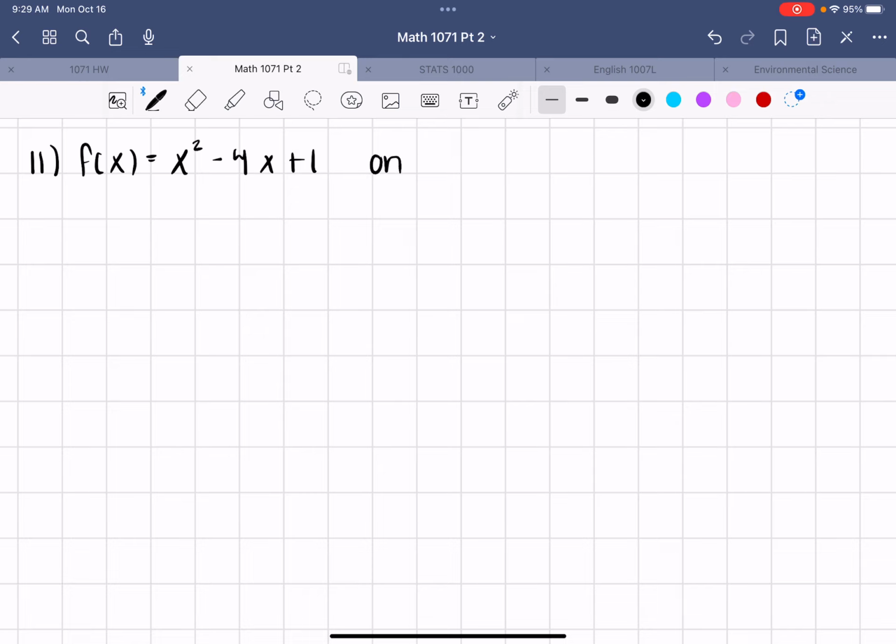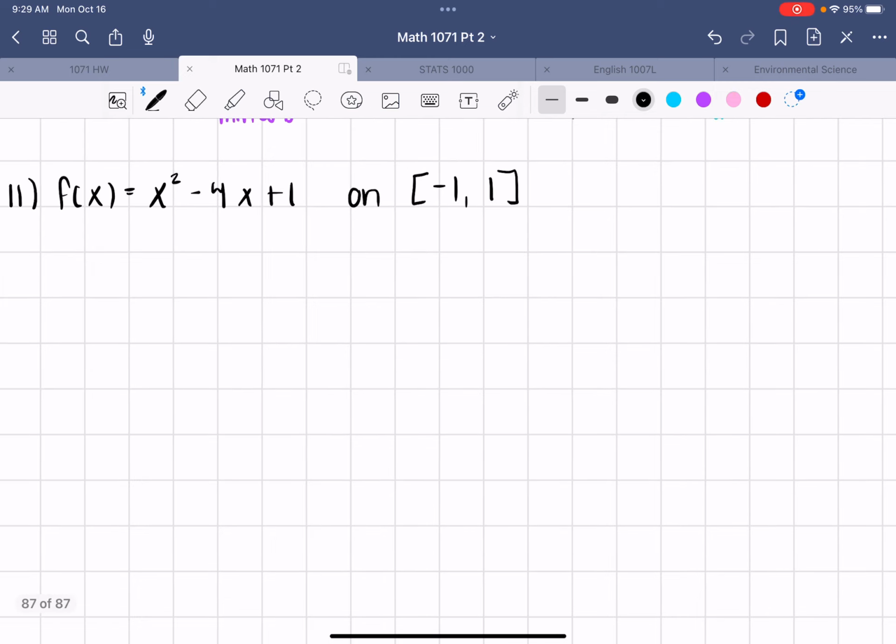Good news is you don't have to graph it anymore, because the candidates are either going to be -1, 1, or any critical points that are in that interval. So first off, let's ask ourselves the question, are there any critical points of f of x in the interval?